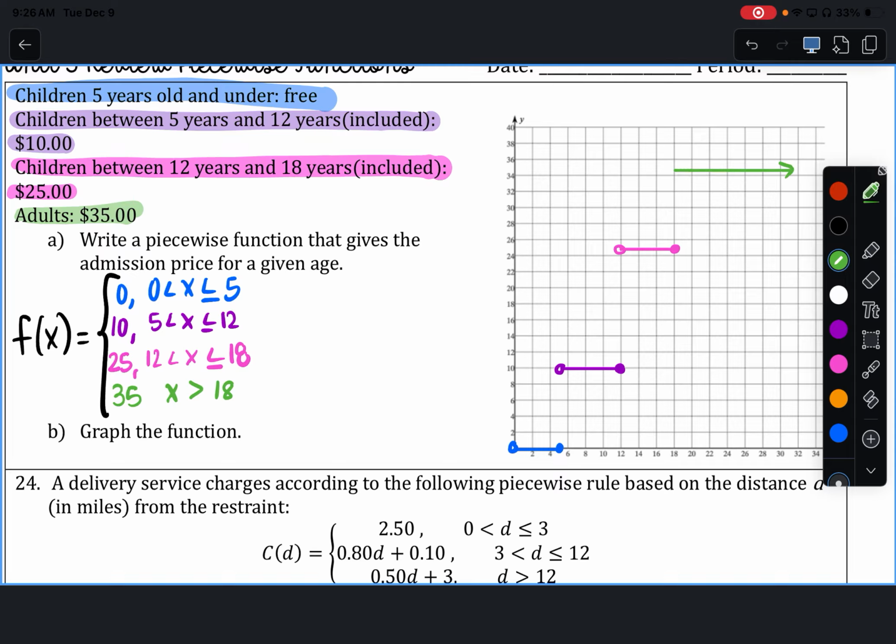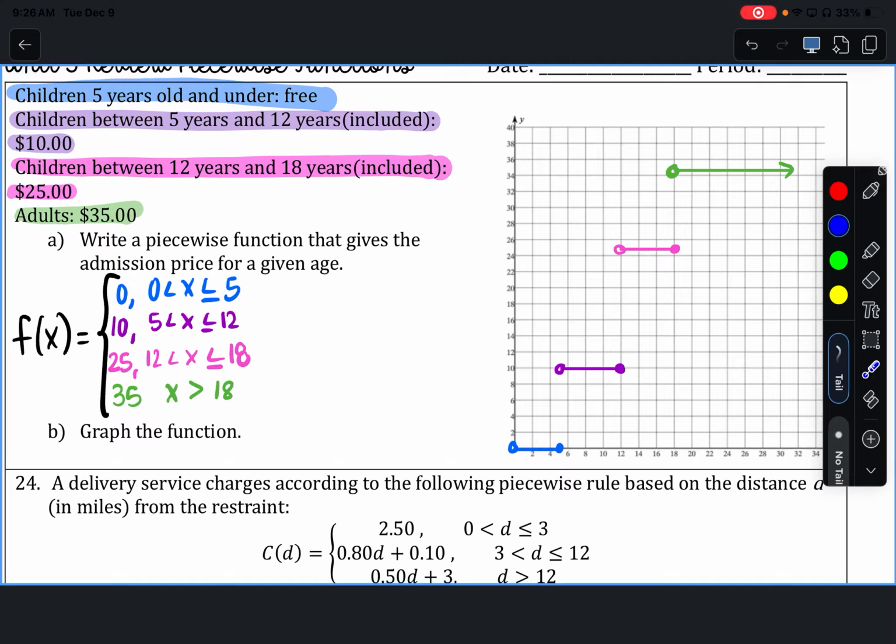And will that 18 be open or closed? Open. Okay, and specifically, what type of piecewise function is that? It's a step function. It is a step function because it makes steps. Correct.